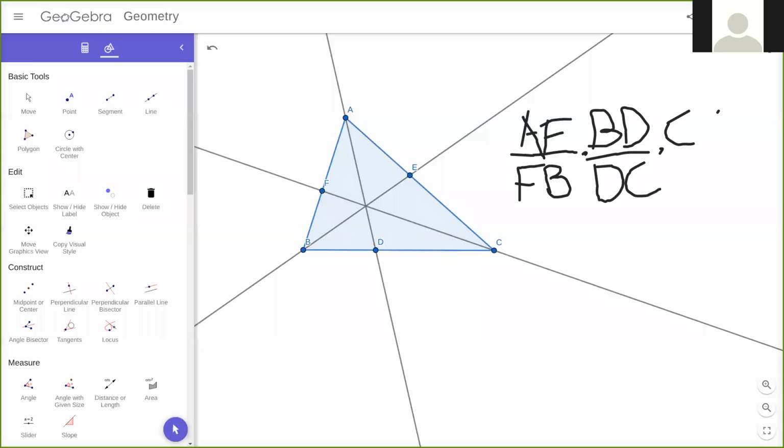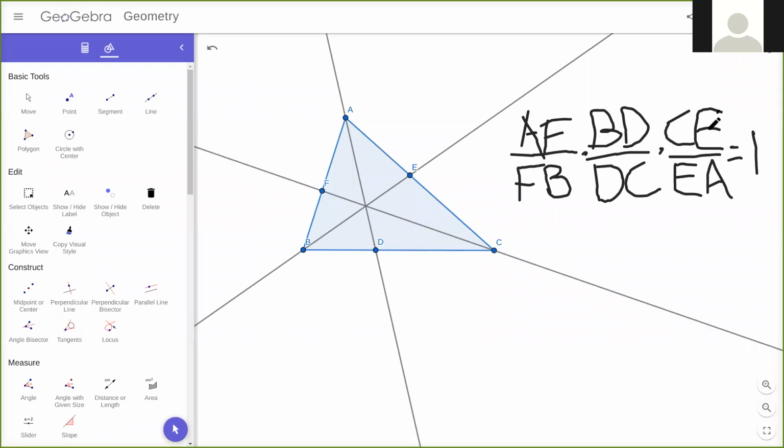Or wait, this is an F right here, don't confuse this for E. Okay, so times CE over EA. So the thing is that this equals 1.